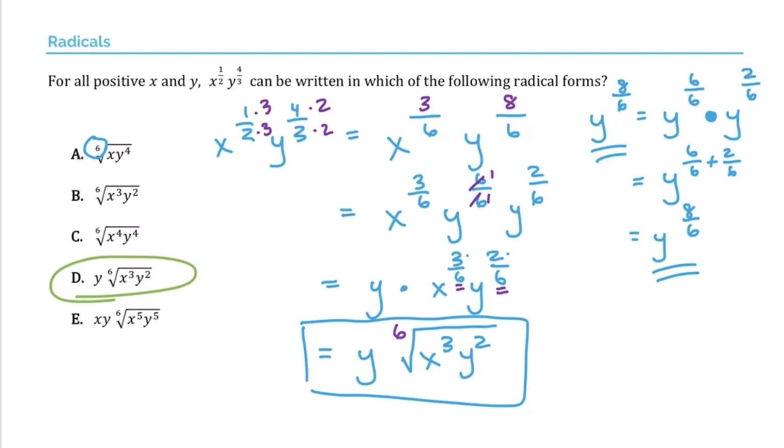And lastly, kind of this core rule over here, that y to the power of 8 over 6 is the same thing as y to the 6 over 6 times y to the 2 over 6, because again, when you are multiplying with the same base, it's the same thing as adding the exponents, right? We review that with exponents, but it can creep its way back into questions about radicals. So exponents and radicals are always going to go hand in hand, back and forth. You have to be comfortable with all of the rules for both.